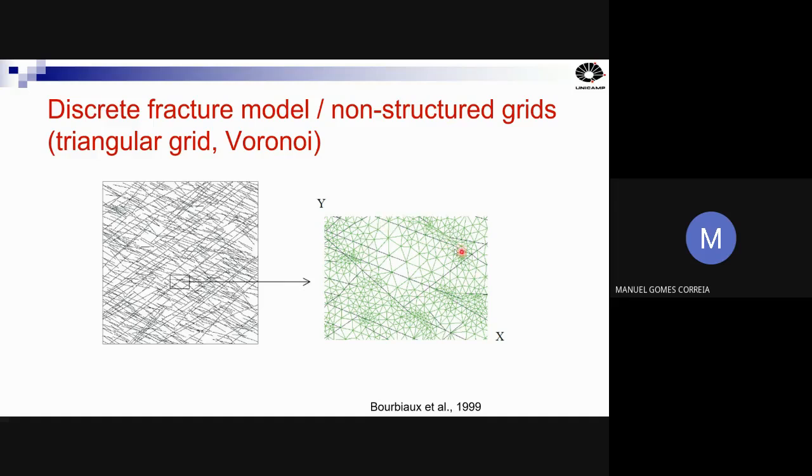So again, this is a kind of grid that it is not possible to use in conventional flow simulators, and even in conventional geostatistical software. It is not possible to use this kind of grid, because in conventional geostatistical software, it's only possible to use corner point grids, okay?